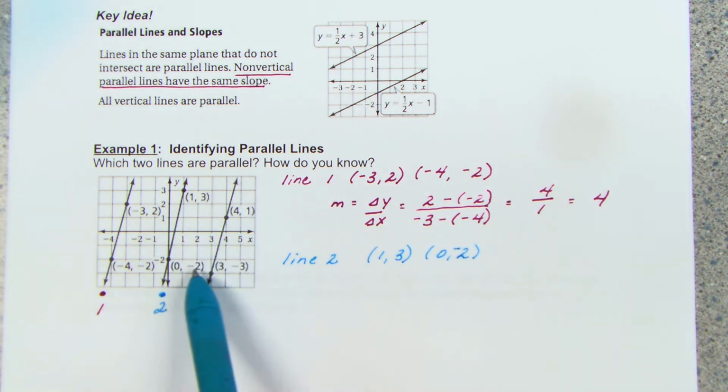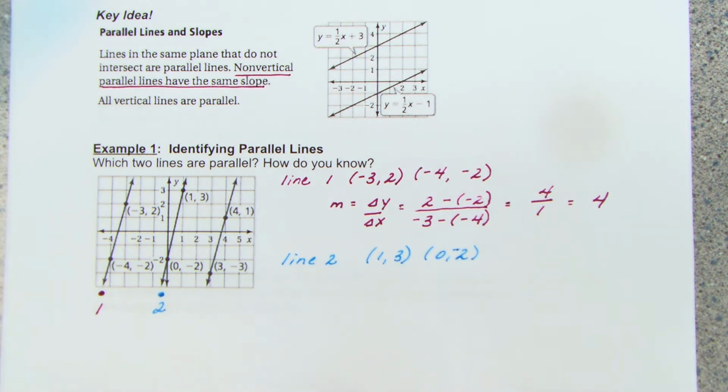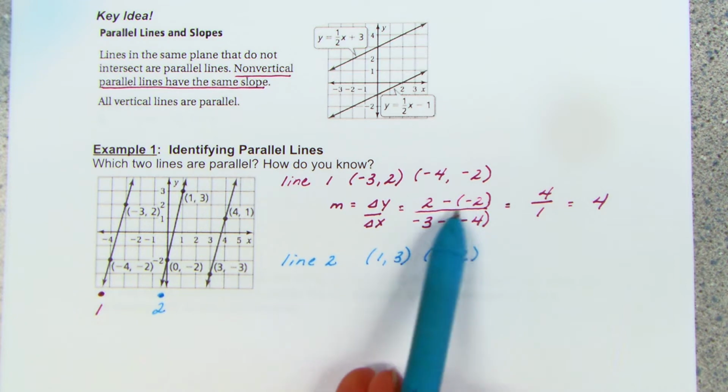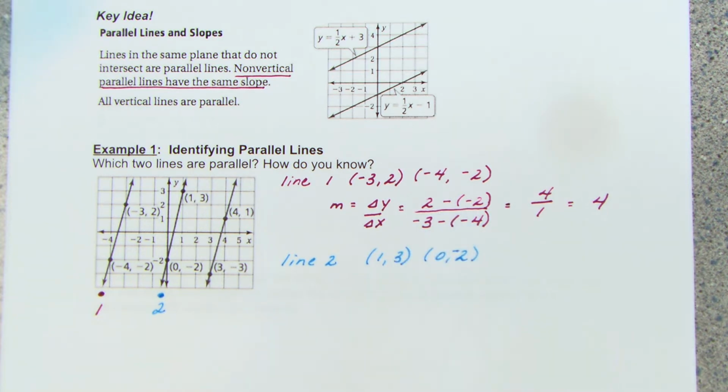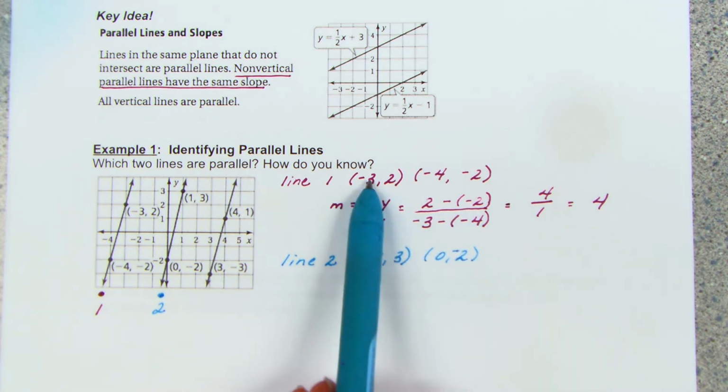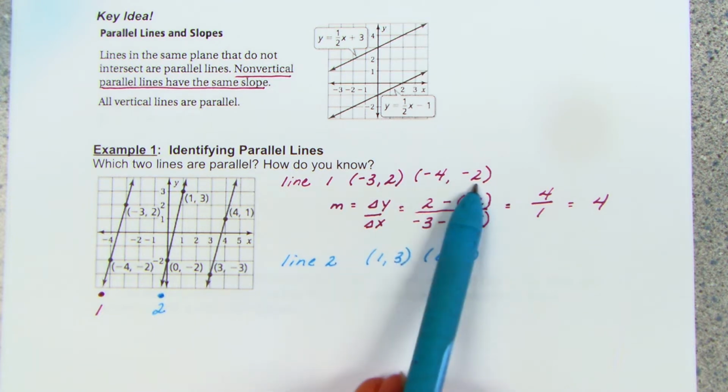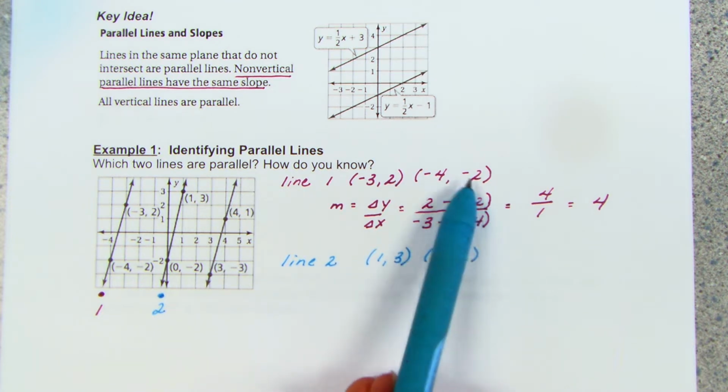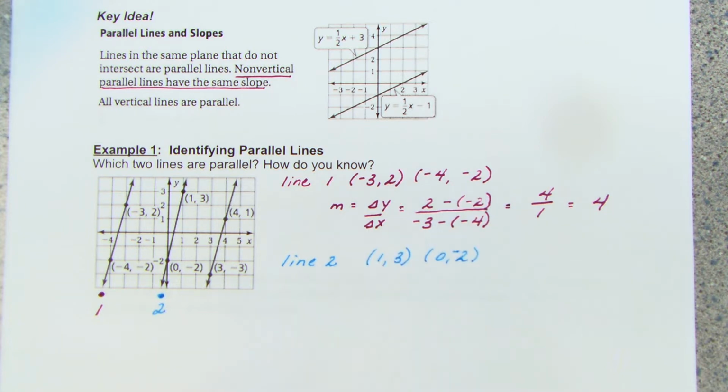It doesn't matter which point you write down first, and it won't matter which order you subtract as long as you're consistent. If you do this minus this and this minus this, that'll give you the same answer as this minus this and this minus this. Okay. So that's nice.